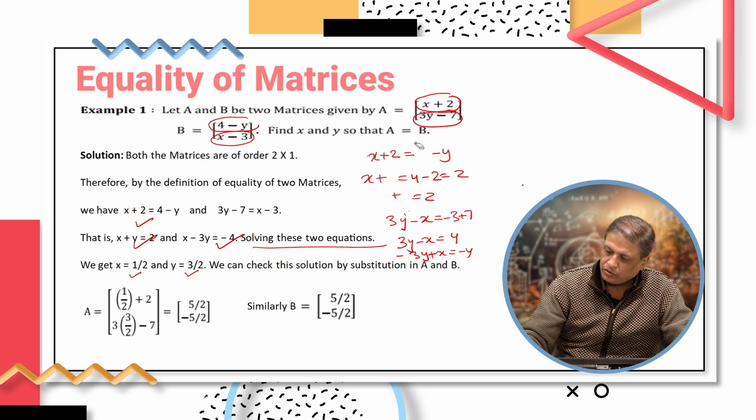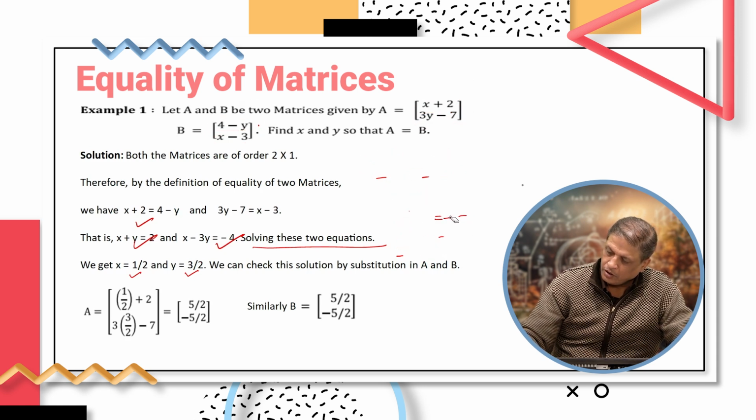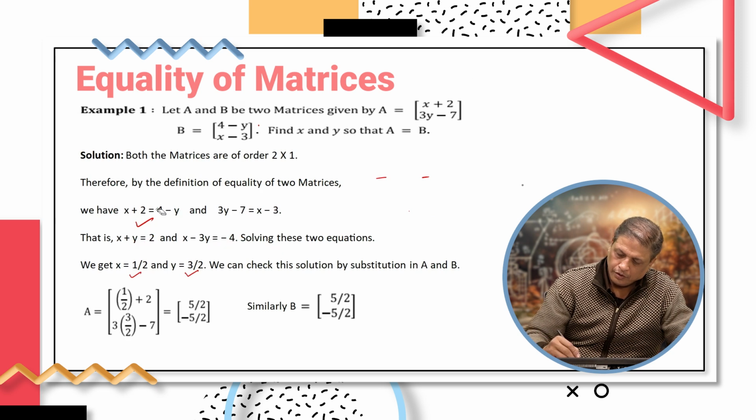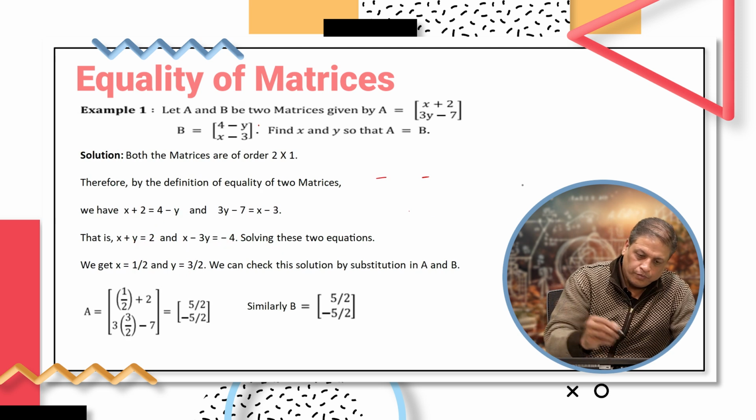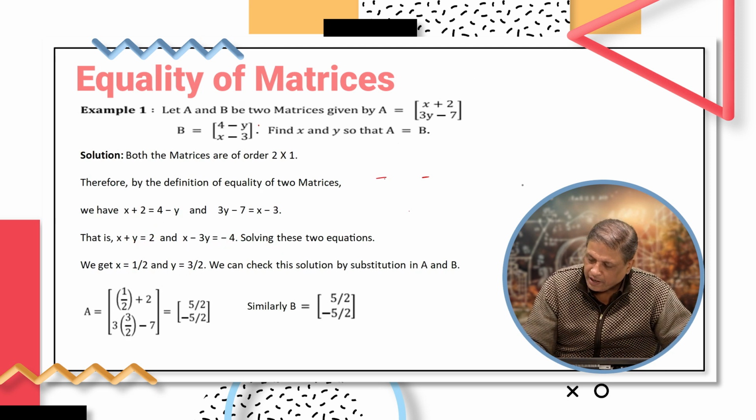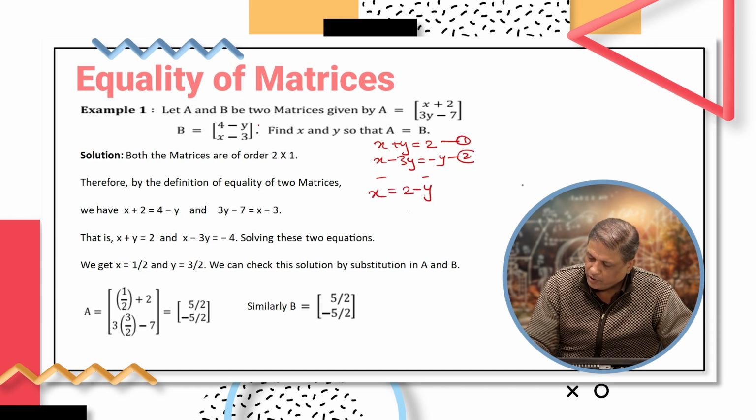How are we going to solve these equations? Just wait for a moment. Now we have x plus y is equal to 2, as equation 1, and x minus 3y is equal to minus 4, as equation 2. From equation 1, x is equal to 2 minus y, as equation 3.